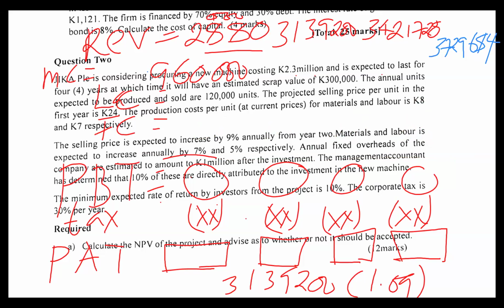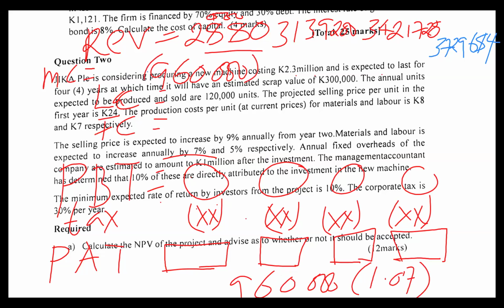Are we good? So grow this by 7%. Where we were growing by 9, you now do it by 1.07. Say 960,000 multiplied by 1.07, like that. You understand, right? You do that, then you get the second year.